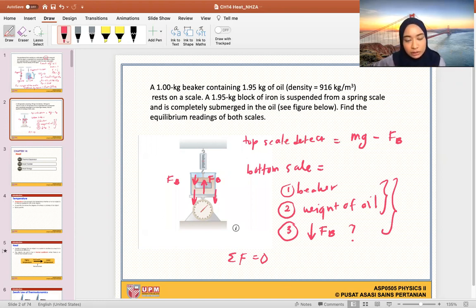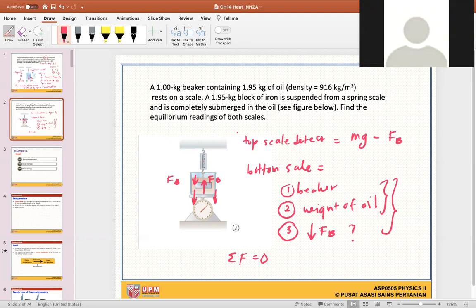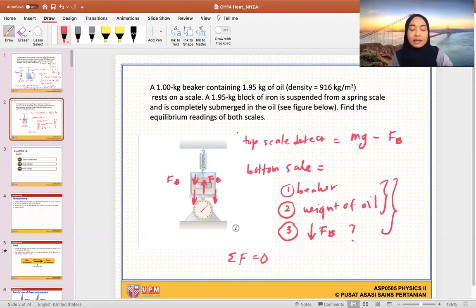Okay, so that is your bottom scale. Your top scale, again, I'm going to repeat myself. The top scale detects apa? The actual weight. Kalau kita, okay, bayangkan top scale tu dia pegang iron block je. Apa yang dia detect? Dia detect mg sahaja. But when kita letak dalam air, dia akan jadi ringan kan? Just like when we enter the water, we become lighter. Bila kita masuk air, kita rasa badan kita jadi ringan, right?